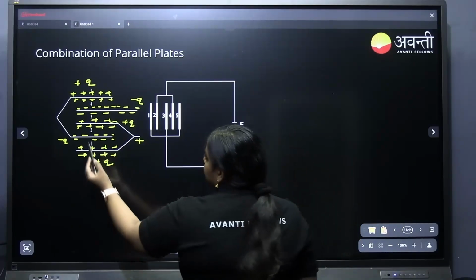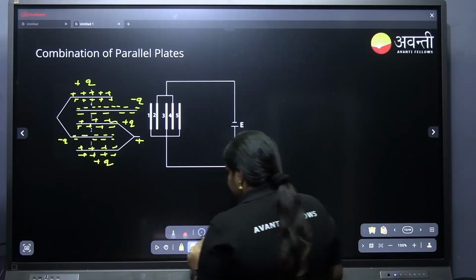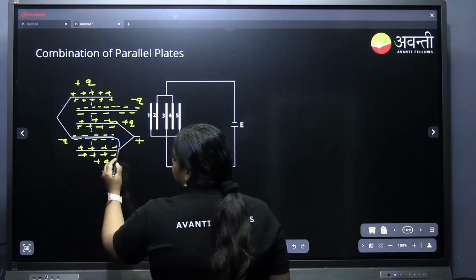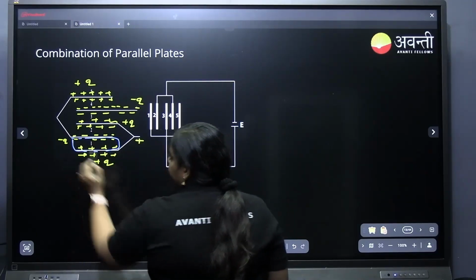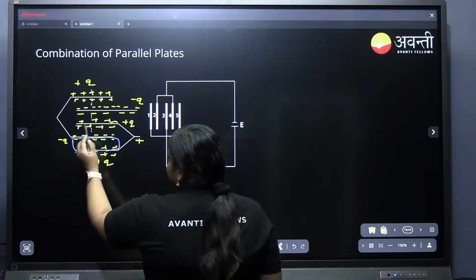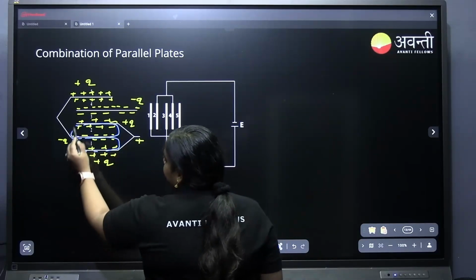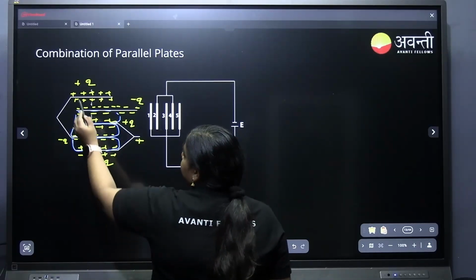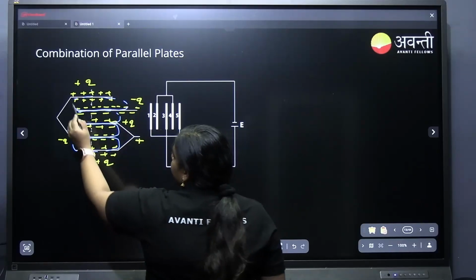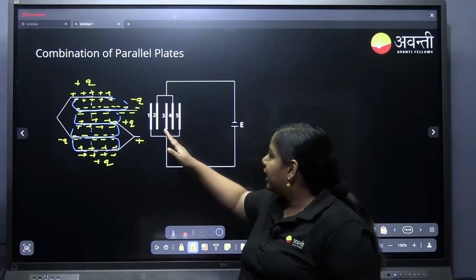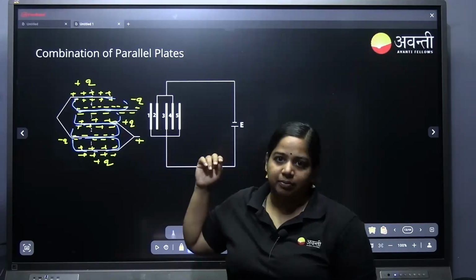Now if you see, I will take another color. This side of this one and this one will create one capacitor. Next, this and this will create another capacitor, and this will be another capacitor, and this will be another capacitor. It is like 4 capacitors connected parallel to each other.